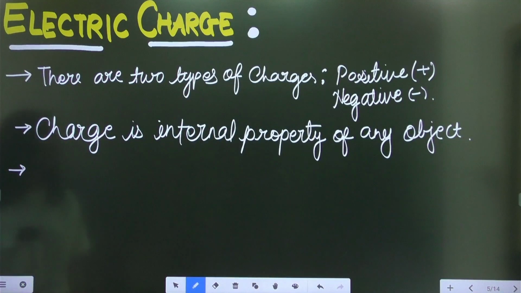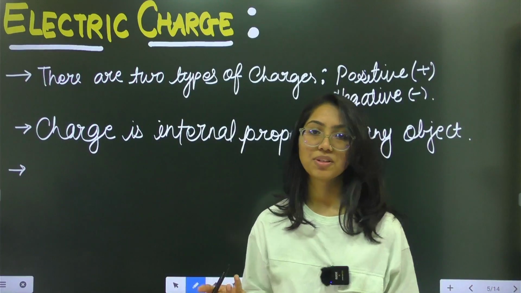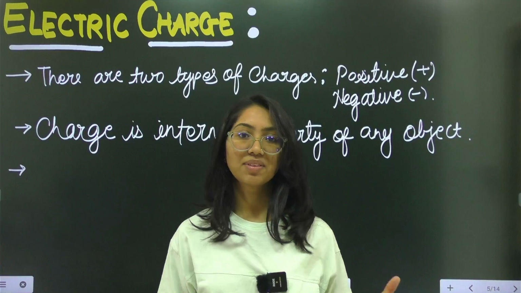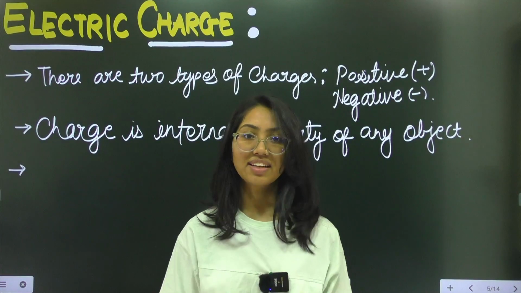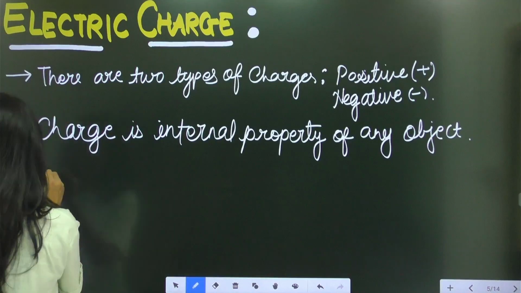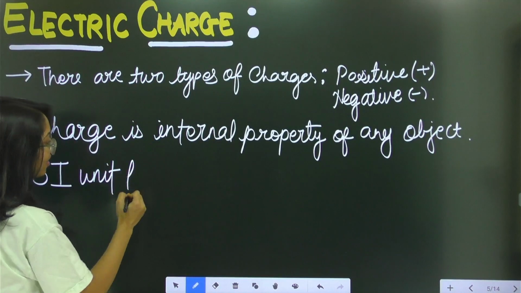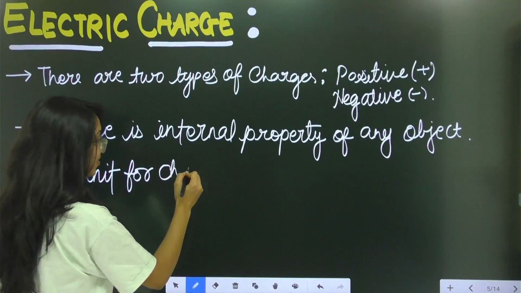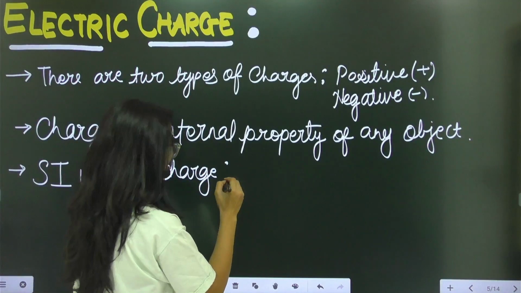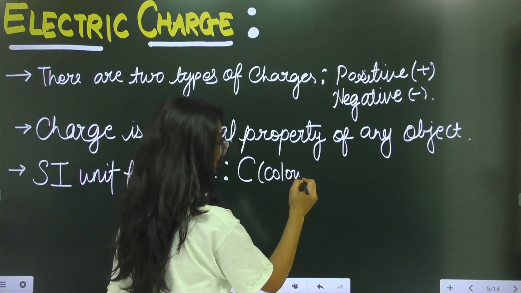Now, if it's any kind of physical property, you must have a question that there must be an SI unit that we could define it as, right? There is an SI unit for charge. Well, what is that SI unit? SI unit for charge is capital C. It's Coulomb.